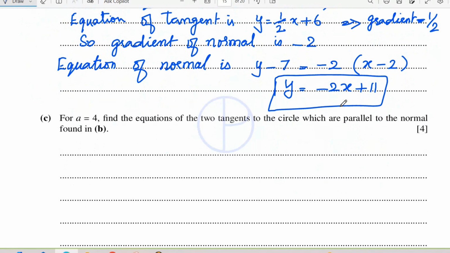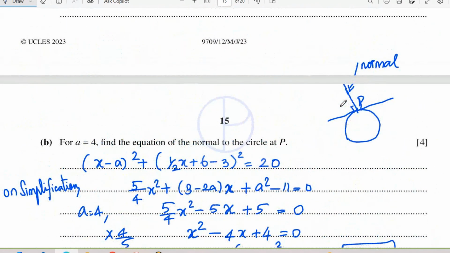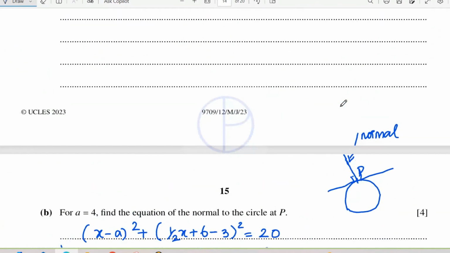The next part of the question is, for a equal to 4, find the equations of two tangents to the circle which are parallel to the normal found in part B. So this is the normal, and we need to find two tangents which are parallel to the normal. These two are the tangents to the circle, and they are parallel to the normal.